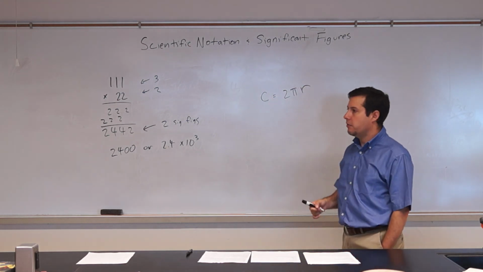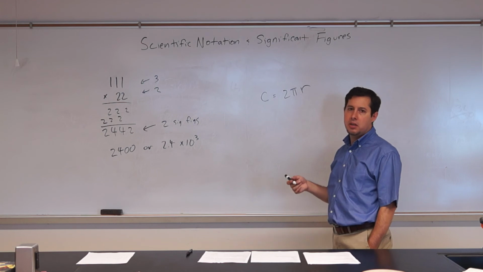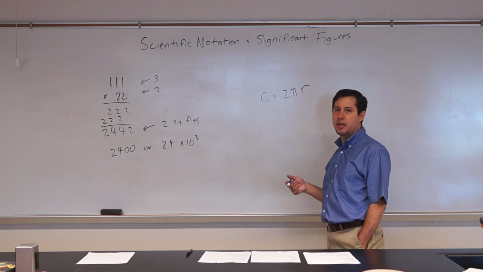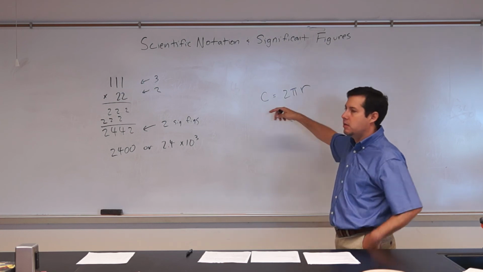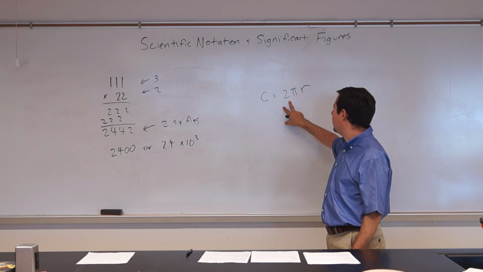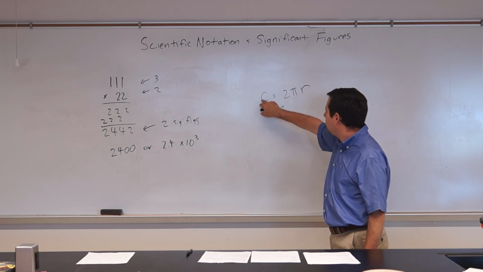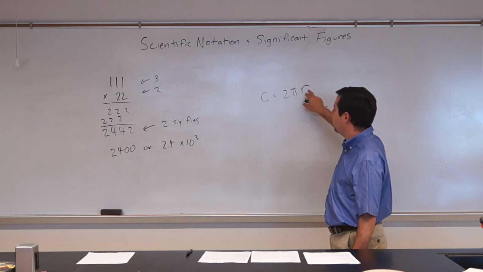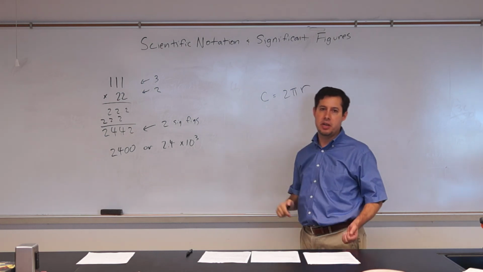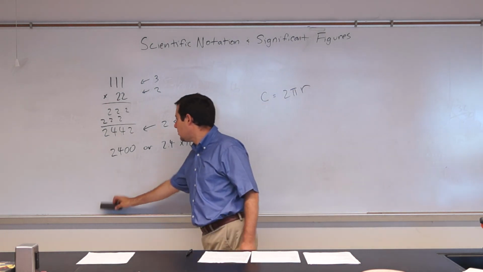Well, you look at the number 2, you think it only has 1 sig fig, and your answer should only have 1 sig fig. That's not correct. 2 is considered this kind of whole number, so you ignore the number of significant figures it has. So your answer really only has the same number of significant figures as your radius. So if your radius is 3 sig figs, your circumference should have 3 significant figures.